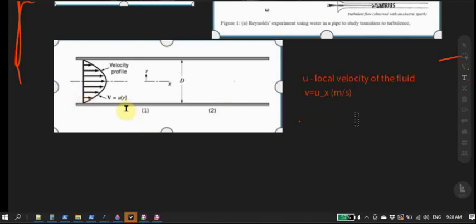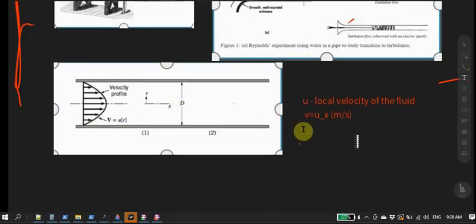So when we say that the local velocity varies with radial location, D is the diameter of the pipe, and always use the unit meter during the calculation.